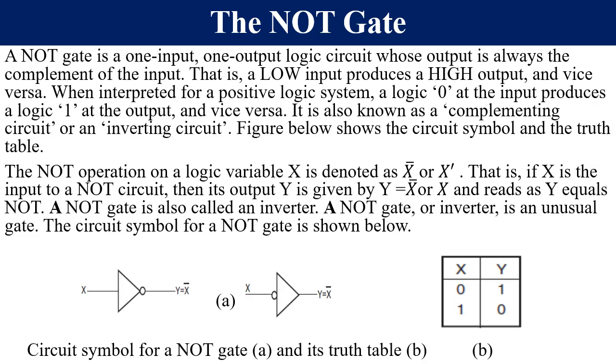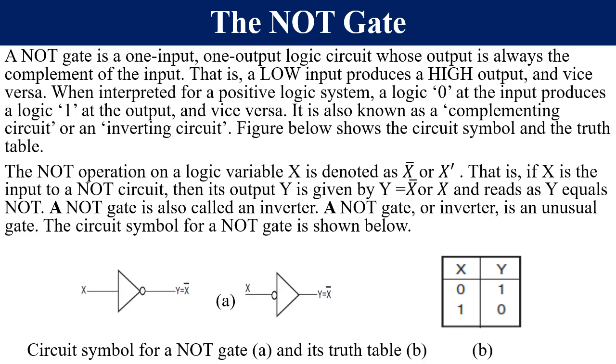Then the last basic gate is called a NOT gate. A NOT gate is the only gate that has one input, and the output is always the opposite of the input, or it is also known as an inverter.